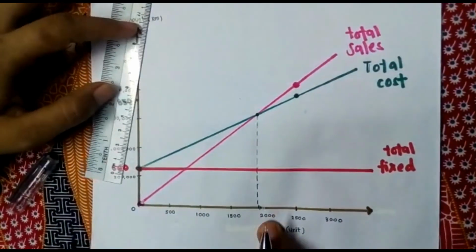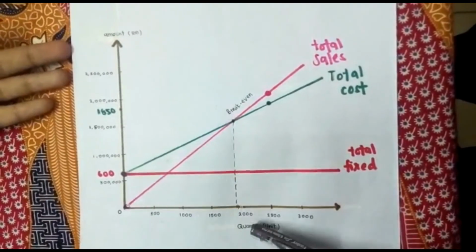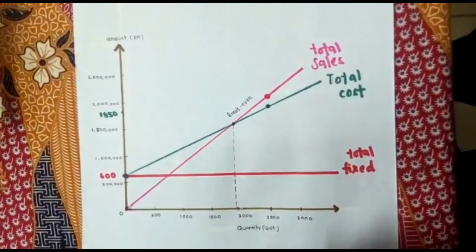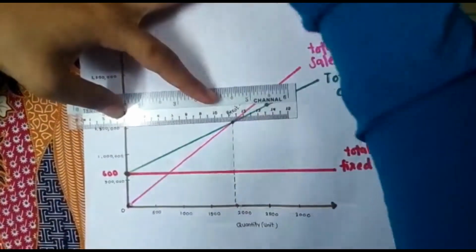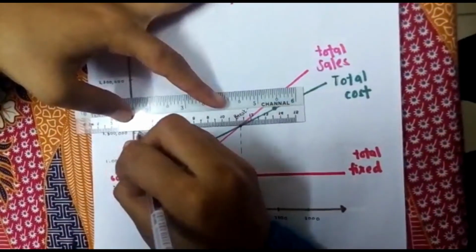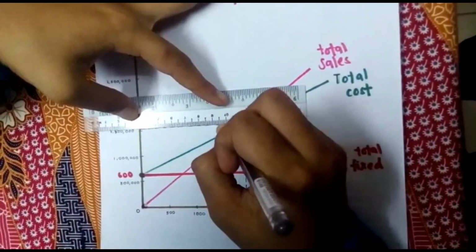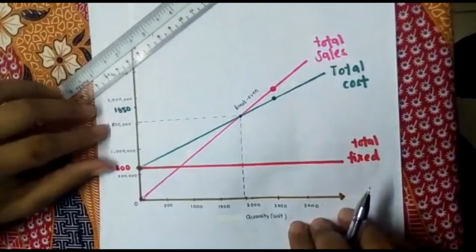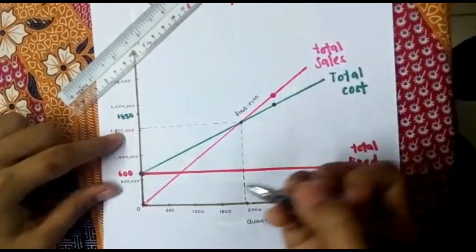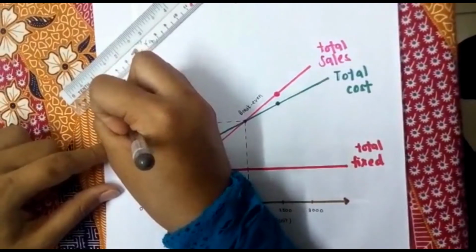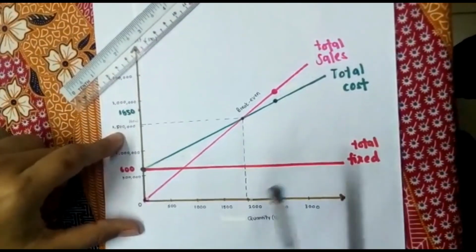When the break even is 2,000 units, the amount will be approximately 1,600 million.